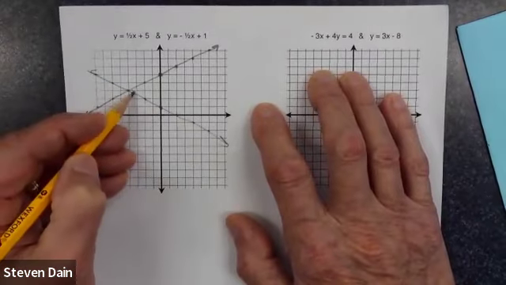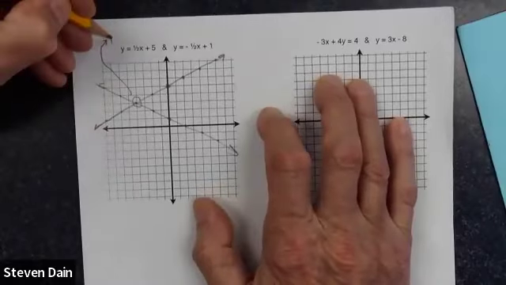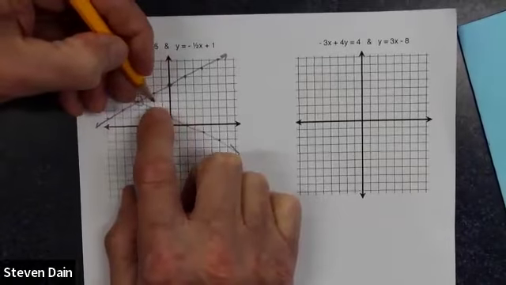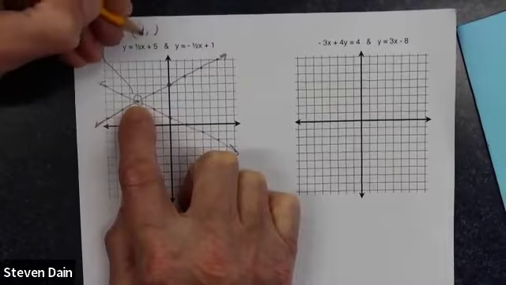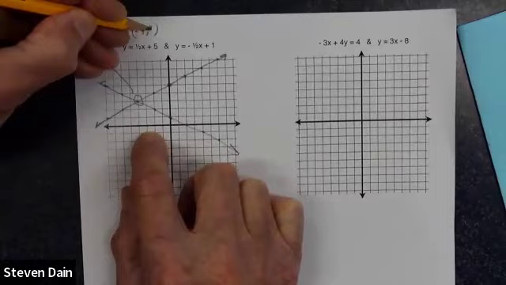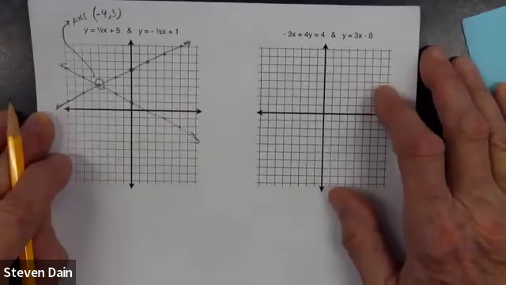Okay, so what's that solution? The answer is 1, 2, 3, 4. It's negative 4 for x, and 1, 2, 3, positive 3 for y. Is that all right?